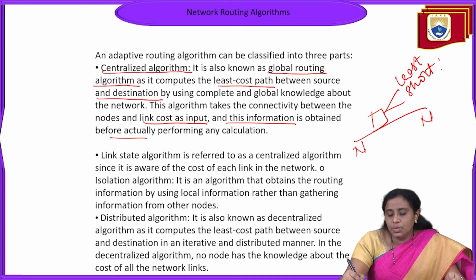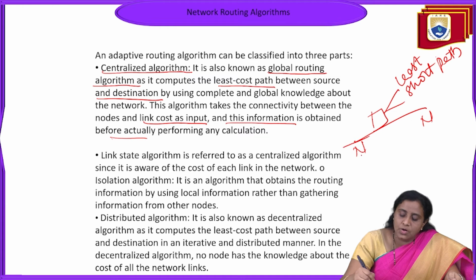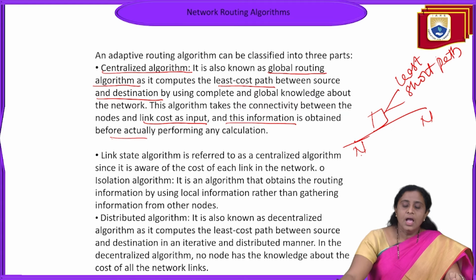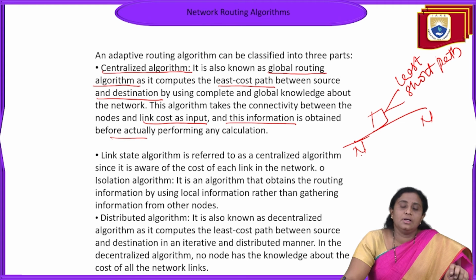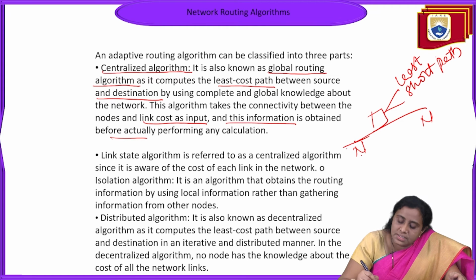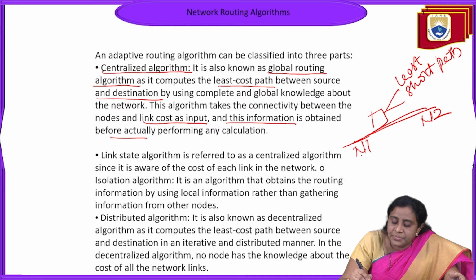That means it can transmit or forward from one node to another node. And this algorithm already takes the connectivity between the nodes. Connectivity between the nodes means there should be a link between node 1 and node 2. This is nothing but the connectivity.